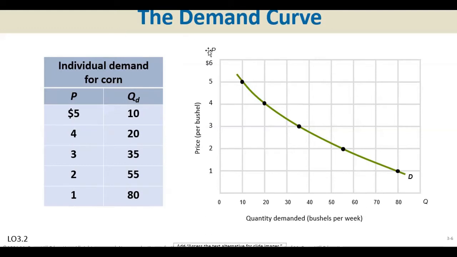Here, by convention, we have price on the vertical axis and quantity on the horizontal. Each combination of the two variables, price and quantity: the first one is a price of 5, and the corresponding quantity demanded is 10.